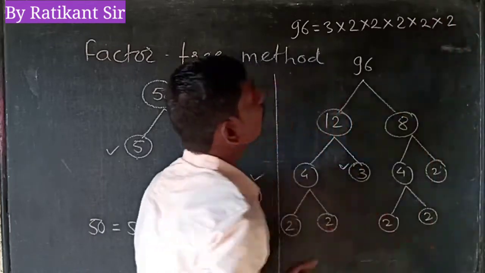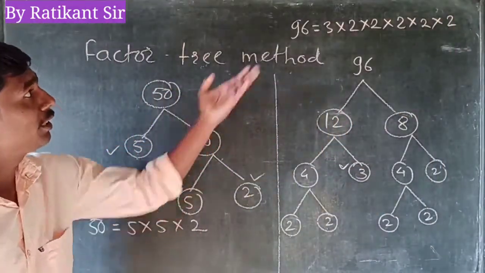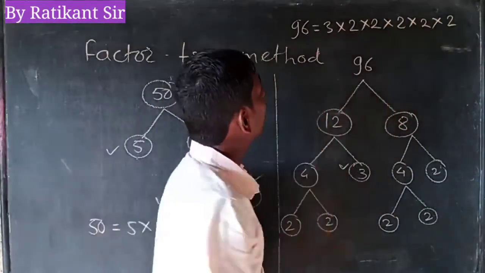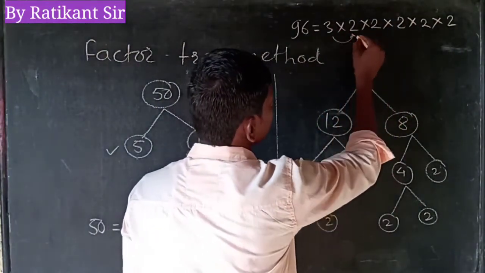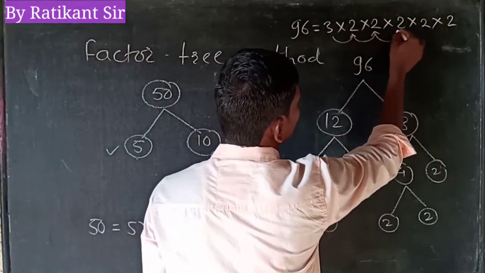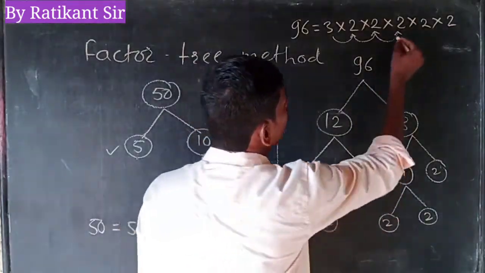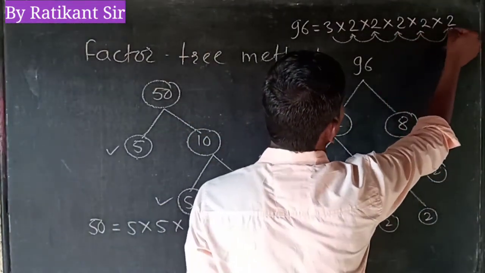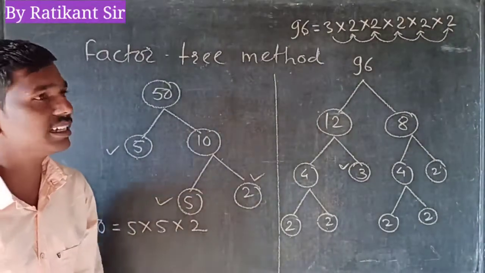Now we have to check, is it 96 or not? How? 3 2s are 6, 6 2s are 12, 12 2s are 24, 24 2s are 48, 48 2s are 96. Which means our answer is correct.